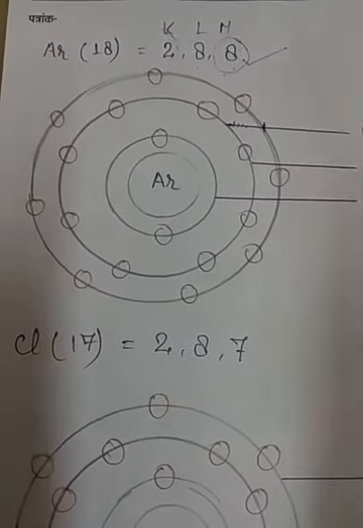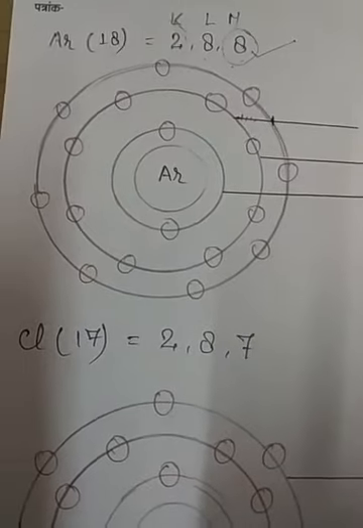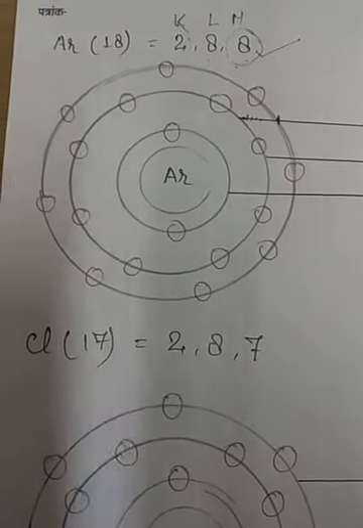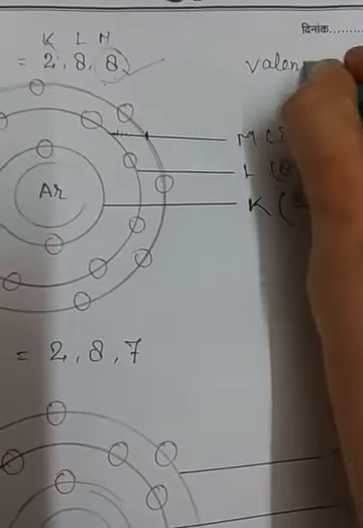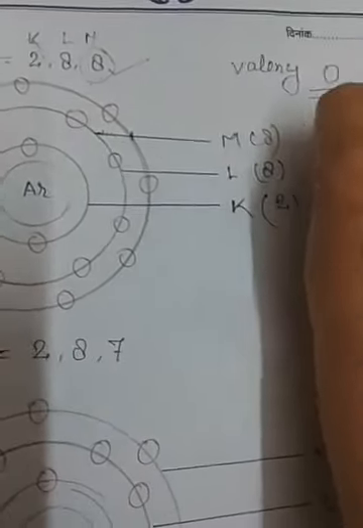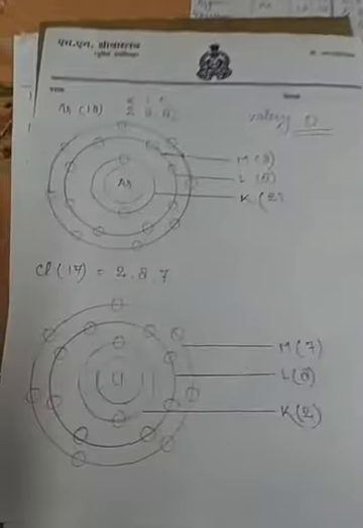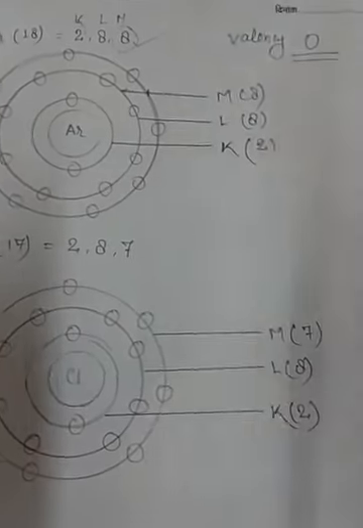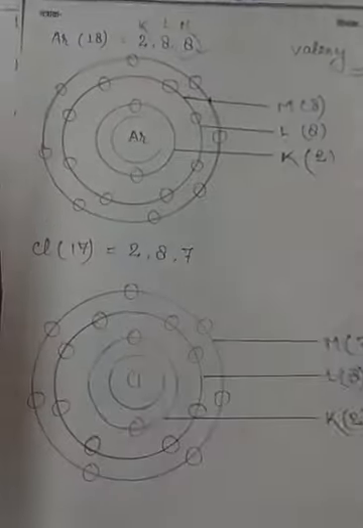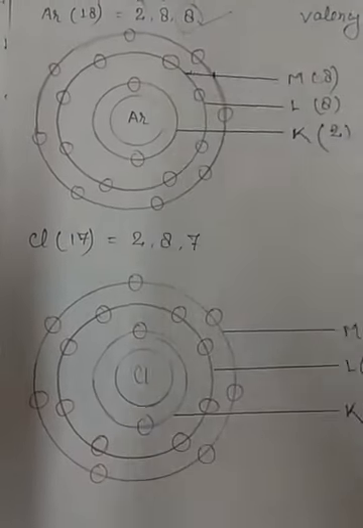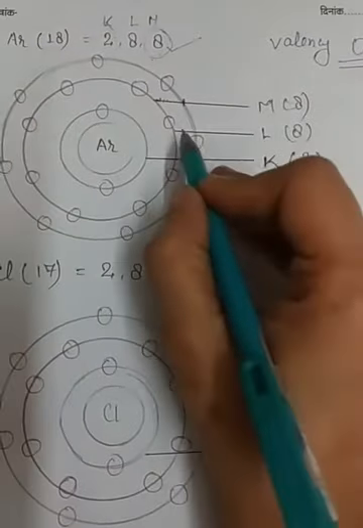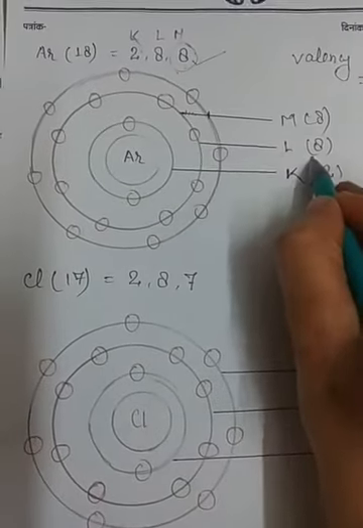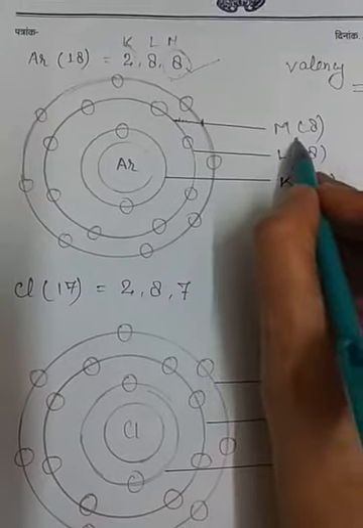So what is the valency of argon? It will be 0, because argon does not need to accept or donate electrons, as it already has 8 electrons in its valence shell. Got it?